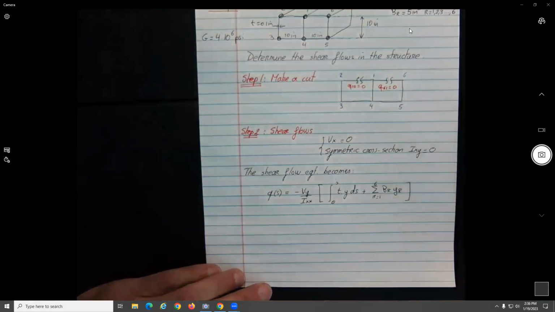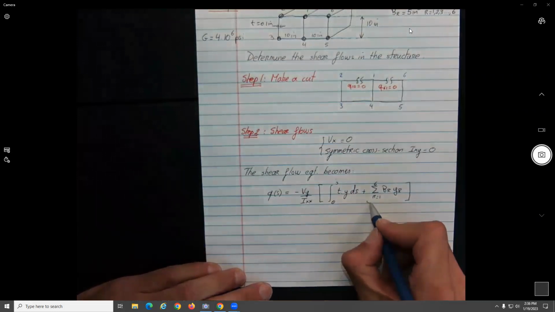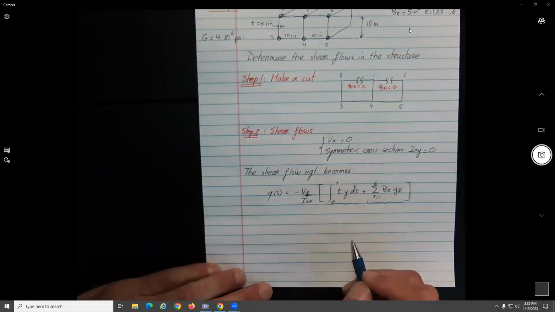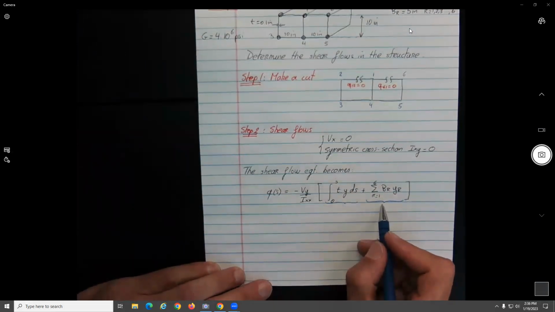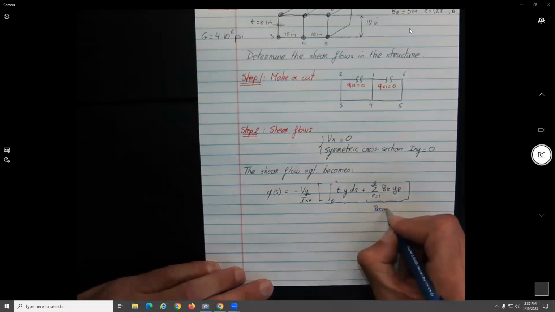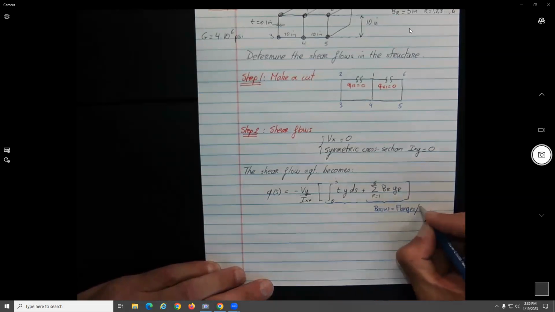Here it's important to see the meaning of each one of these two terms. This term takes into consideration the shear in the booms, which is the same thing as saying flanges or stiffeners.